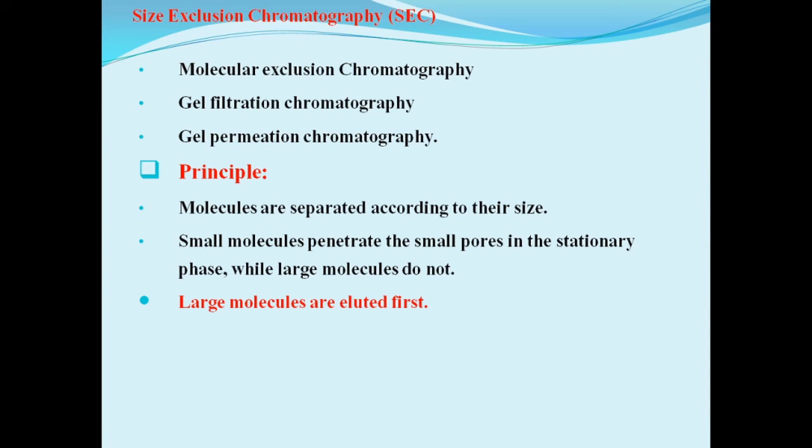Discovery of size exclusion chromatography. The technique was invented in 1955 by Grant Henry Lathe and Colin R. Ruthven, working at Queen Charlotte's Hospital, London. They later received the John Scott Award for this invention.